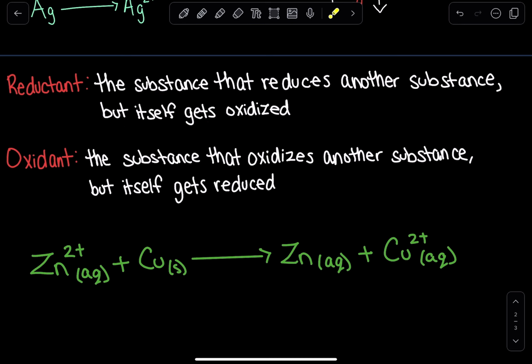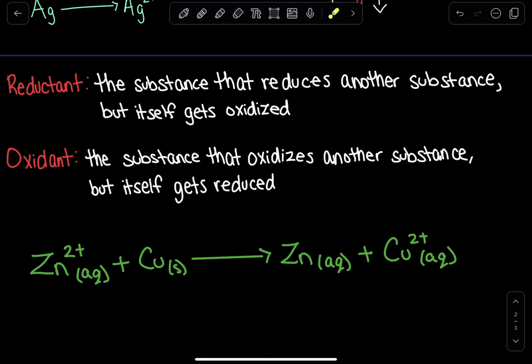Now, what does that mean? Well, if a substance is donating its electrons to another substance, it's becoming oxidized because it's getting rid of its own electrons.